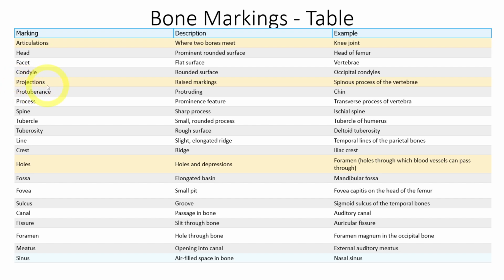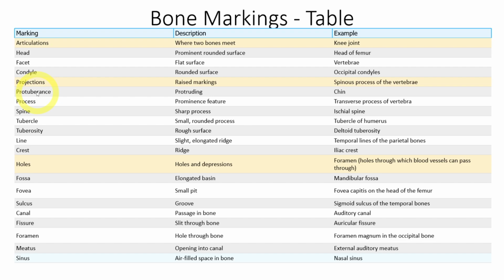The projections, raised markings, like the spinous process of a vertebra. So backbones have things on them that look like noses, and we call those spinous processes. More details on that in the next lecture.